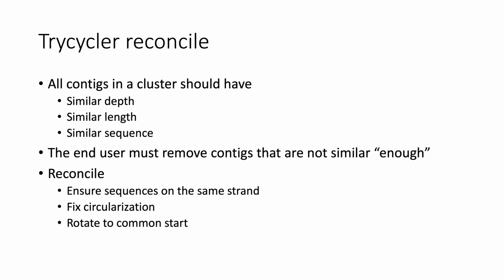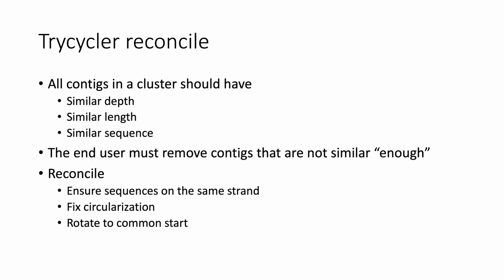In Trycycler reconcile, you look at the contigs and then you decide if they are similar enough to include in your final assembly. So you're looking at depth, you're looking at length, and you're looking at sequence. So if there are too many SNP differences, if the length is too different, or if the depth is too different, you have to manually remove those contigs, and those are considered kind of artifacts from the assembly process.